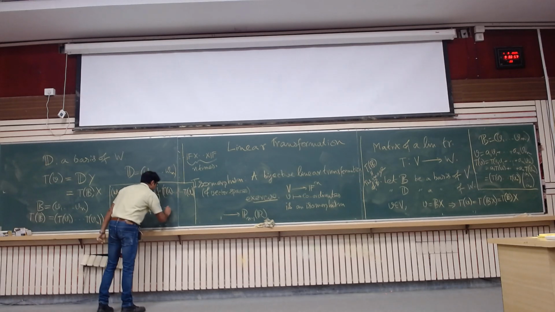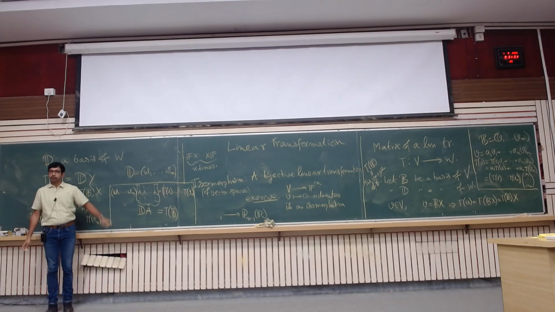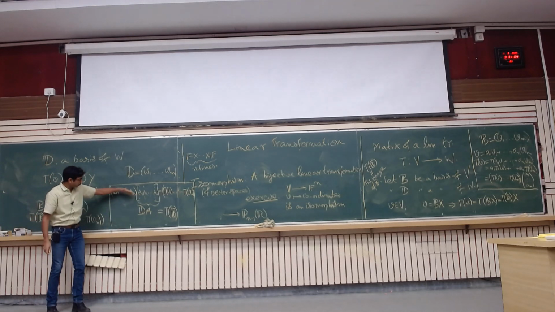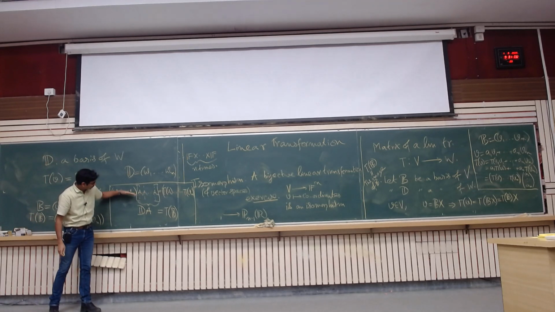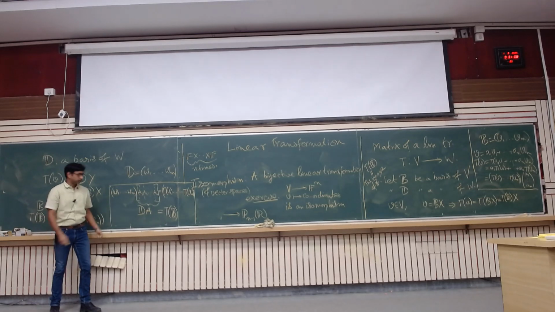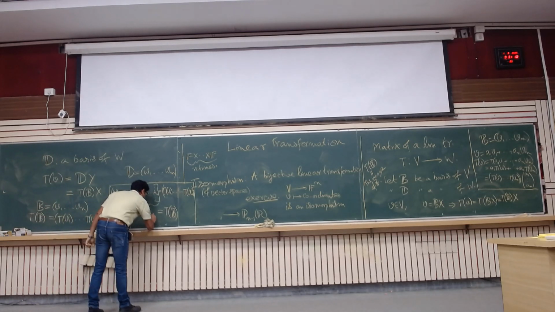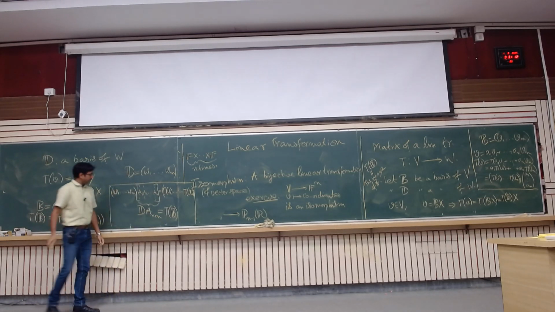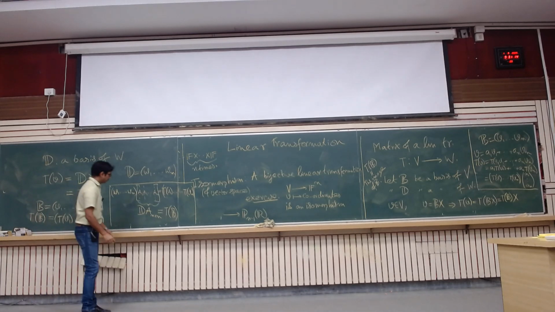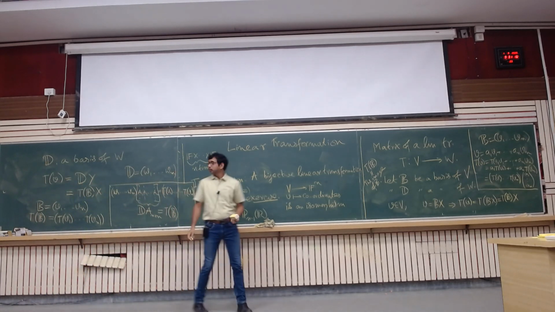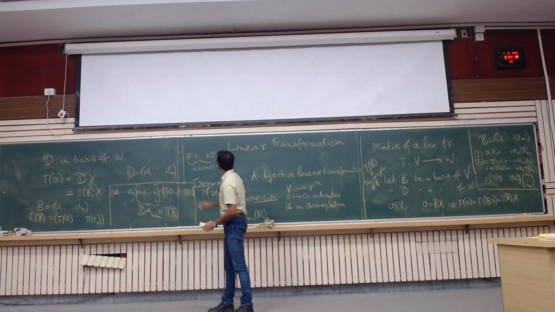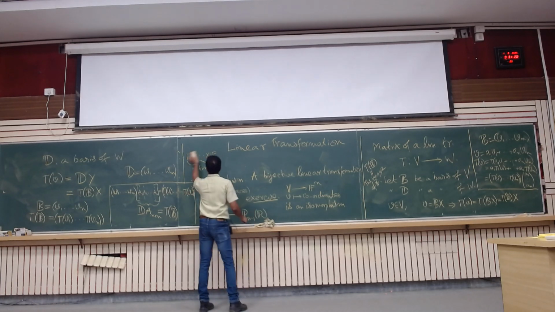And this is nothing but the image of our basis B. And what is the dimension of this matrix? There are n columns and m rows, right? So this should be m cross n. And this matrix will be defined as the matrix of the linear transformation T. Okay, let's write it down somewhere again.